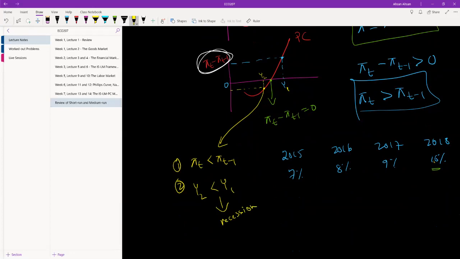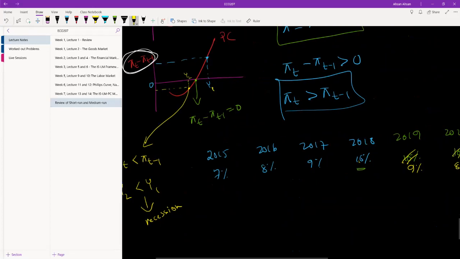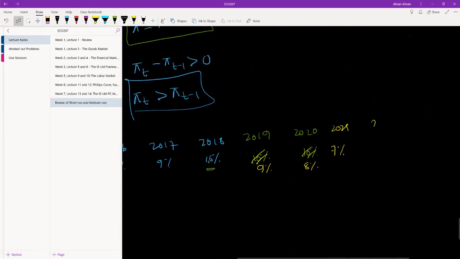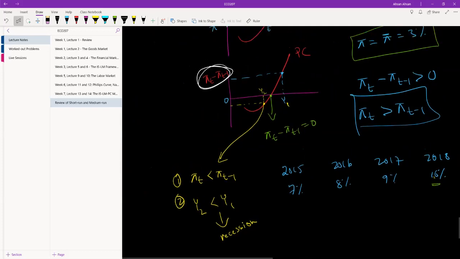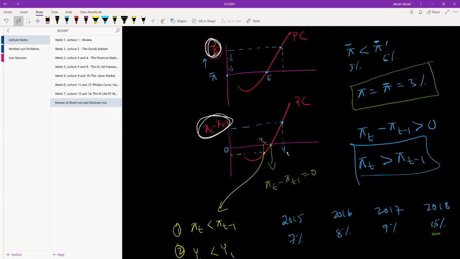This had to happen. And see, after a while in 2022, it's down to 6%, and so on. This is going to go on until suppose we decide that 4% inflation is good enough. And once we get to that 4%, the government can implement a policy that takes us here.